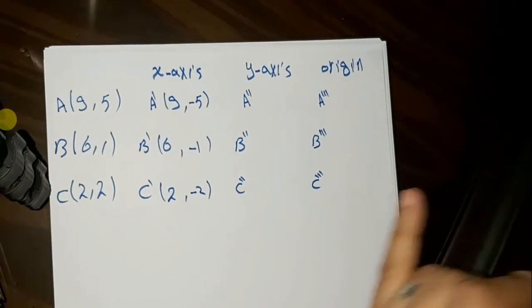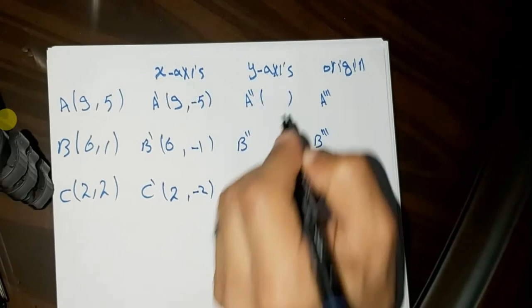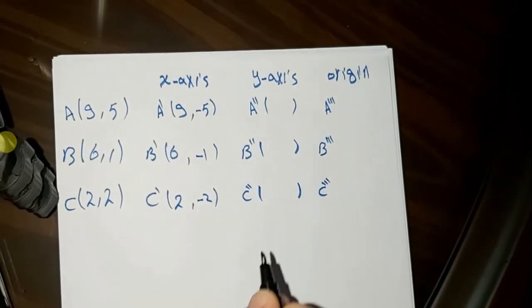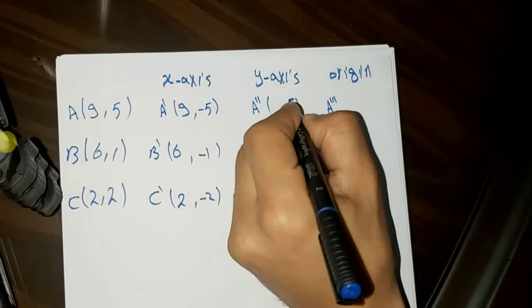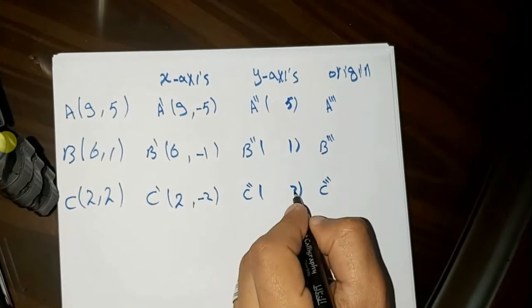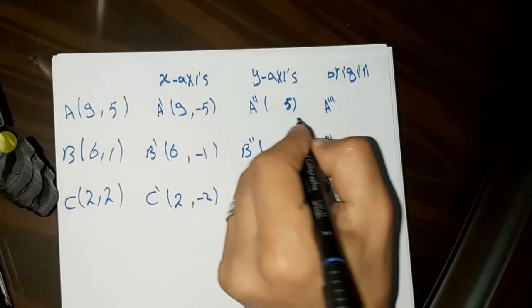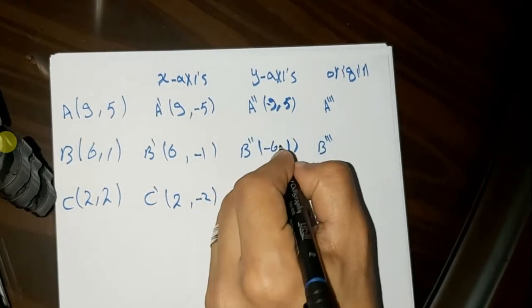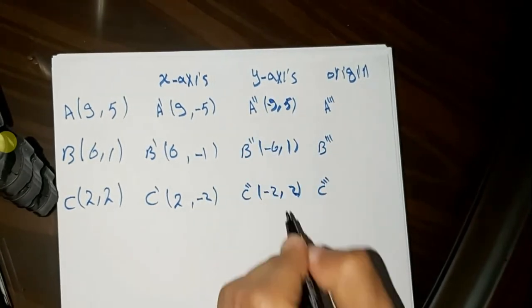And if we want to find the reflection on y, we keep y as it is, so it will be 5, 1, 2, and we will change x to be -9, -6, and -2.